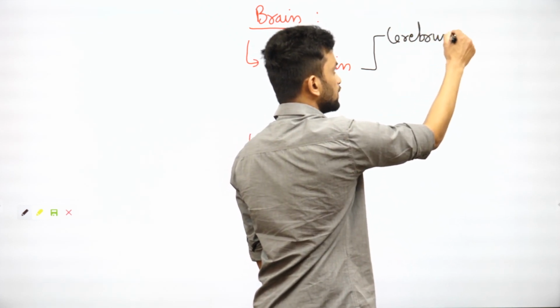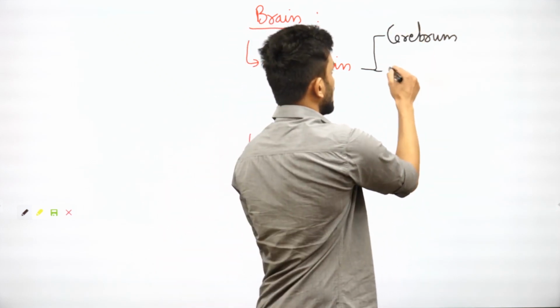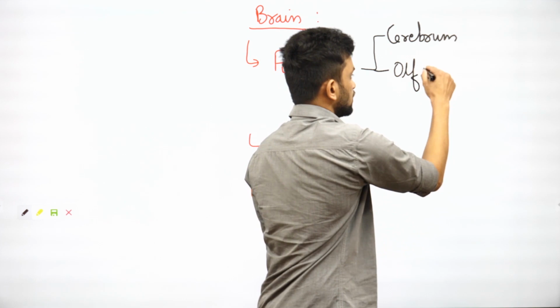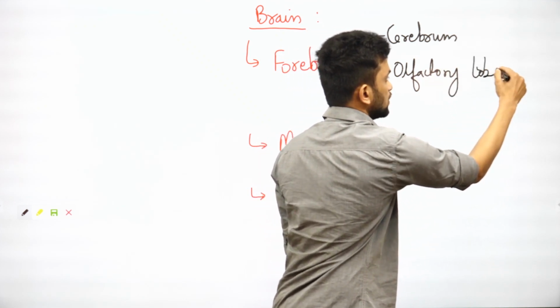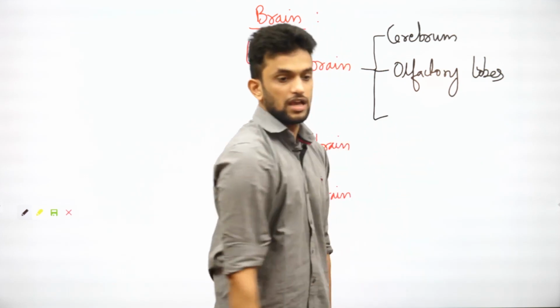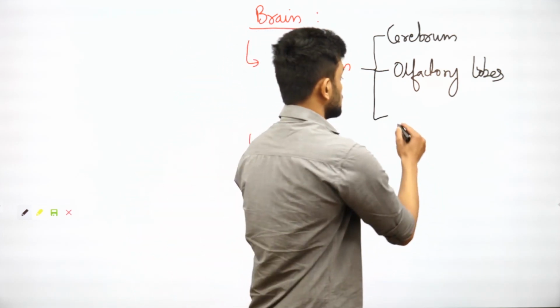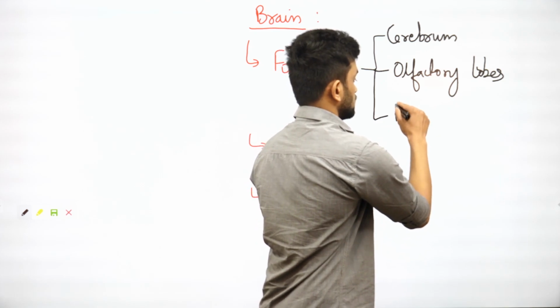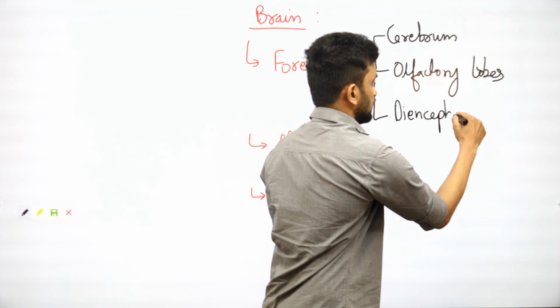We have cerebrum, then we have olfactory lobes, and finally we have diencephalon.